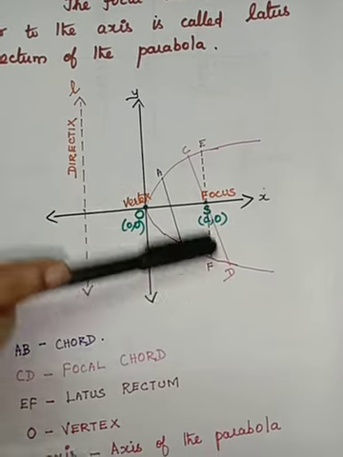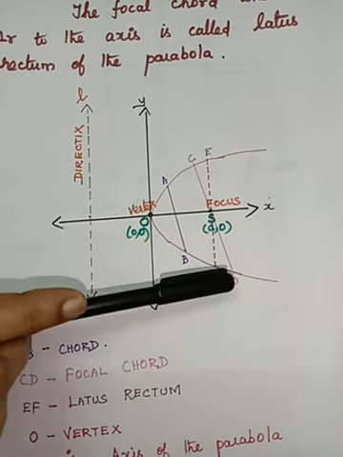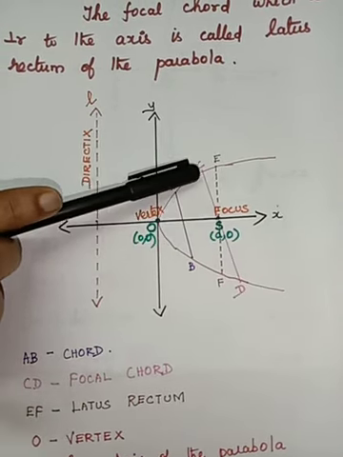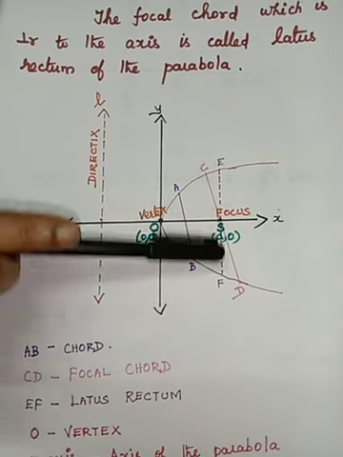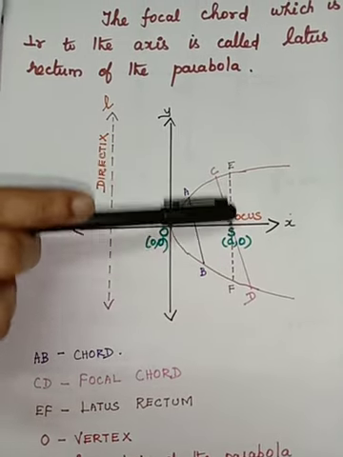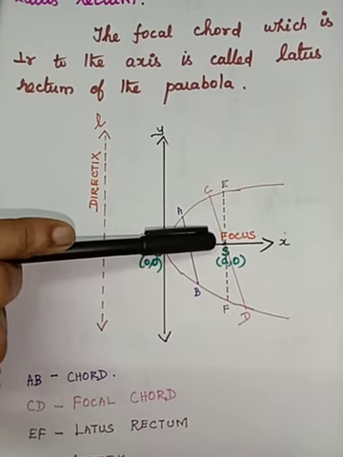Come to CD, the pink color line. CD is also a chord, but this chord passes through the focus. So it is called a focal chord. And come to the next one, EF. It is straight. This chord joins 2 points on the parabola and it passes through the focus.